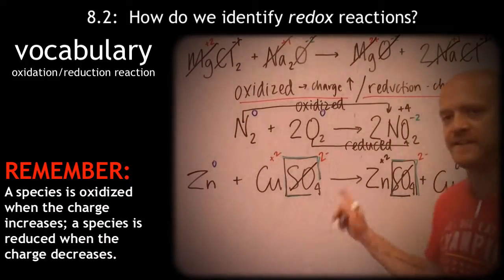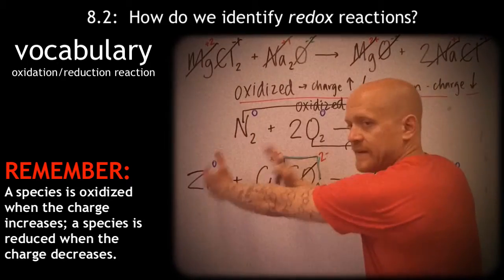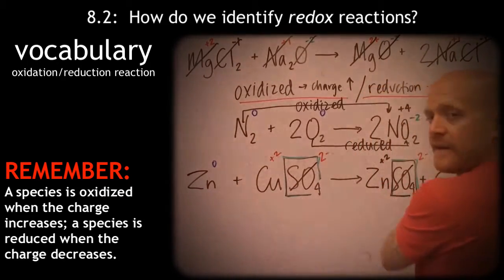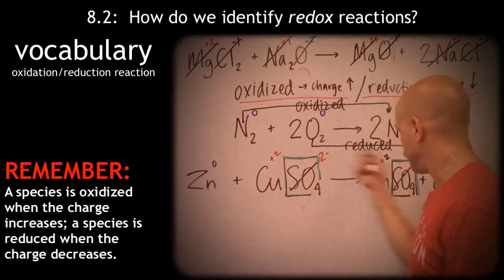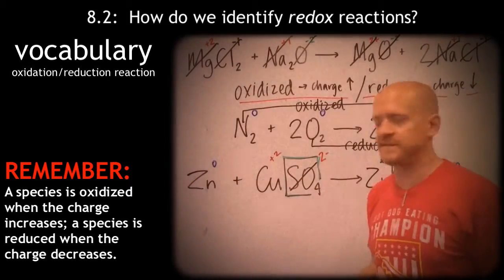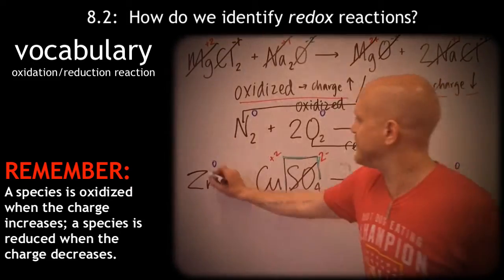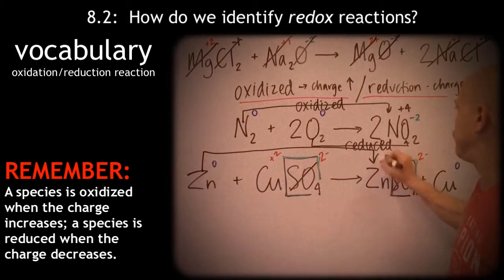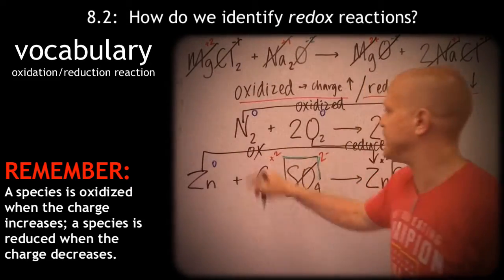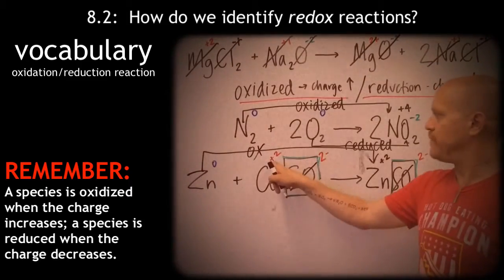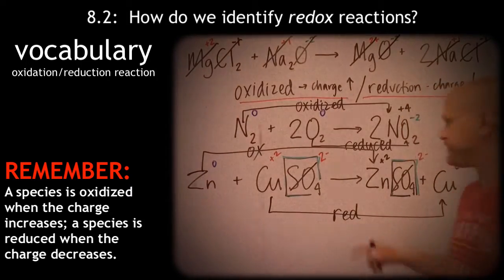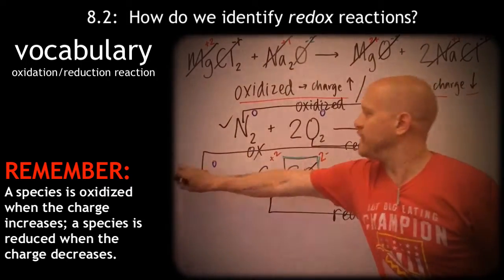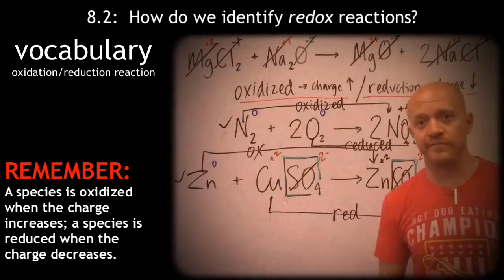No change, cross it out. In fact, if you have a polyatomic ion on the left and a polyatomic ion on the right, it's not going to change as long as it's SO4 here, SO4 here. It's not going to be oxidized or reduced. When I look at this zinc, 0 to plus 2, this is oxidized. Copper, plus 2 goes to 0. This is reduced. So, we have 2 oxidation-reduction reactions.